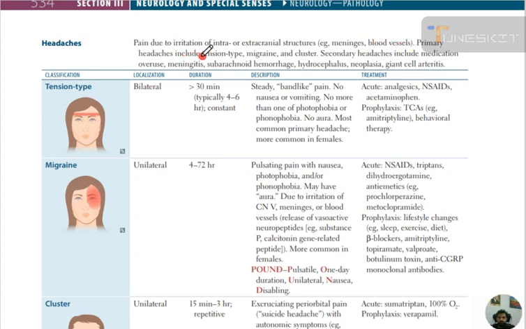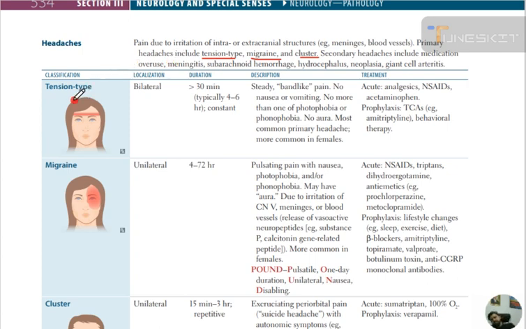Primary headaches include tension type, migraine, cluster. Secondary headaches include medication induced or overuse, meningitis, subarachnoid hemorrhage, hydrocephalus, neoplasia, giant cell arteritis.